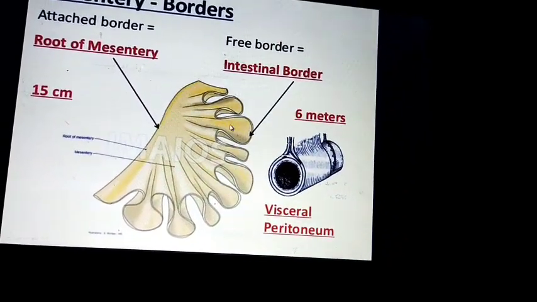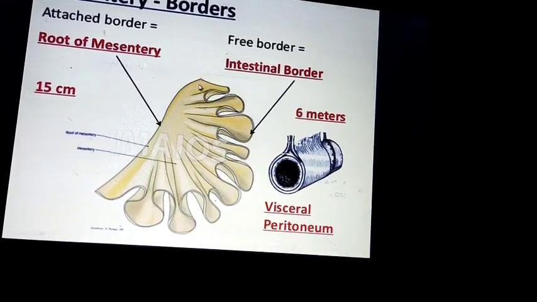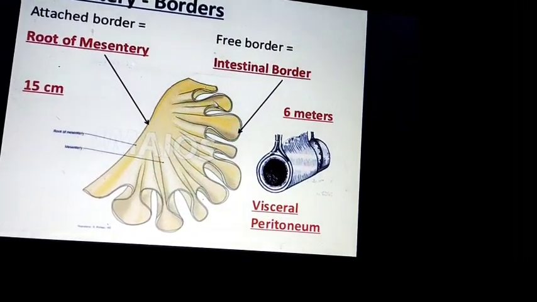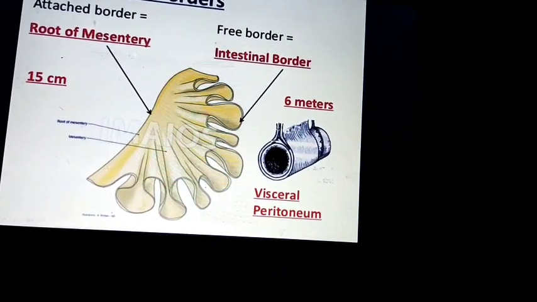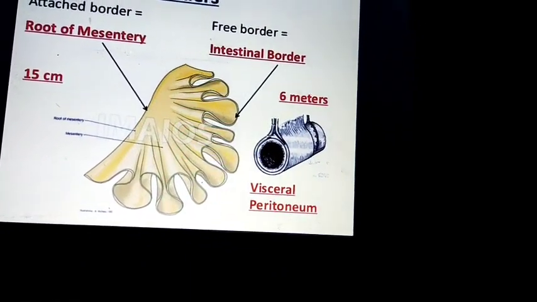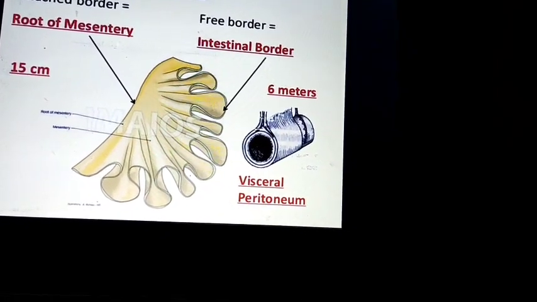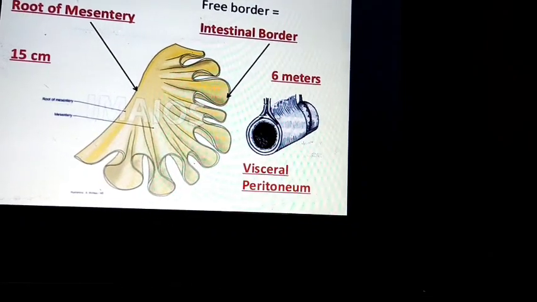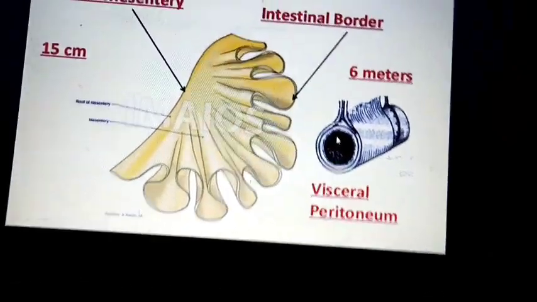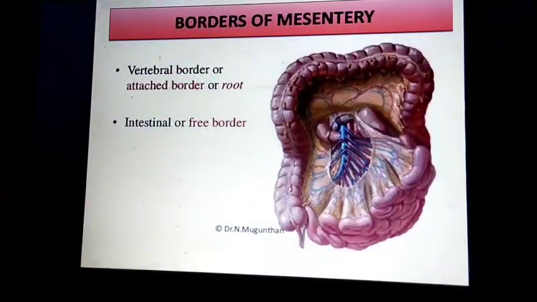The root of the mesentery is 15 centimeters long, and the free border of the mesentery is 6 meters long. Here you can see the free border, this is the intestine, and these are the folds of the peritoneum. The part of the peritoneum that covers the viscera is called the visceral peritoneum.